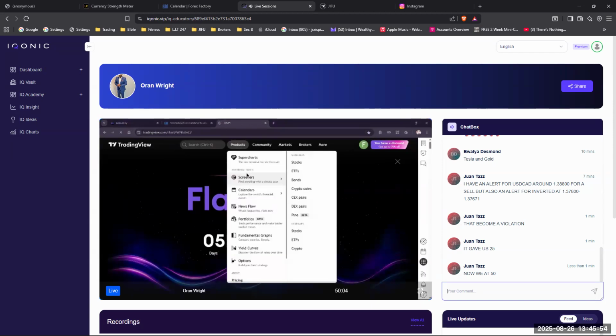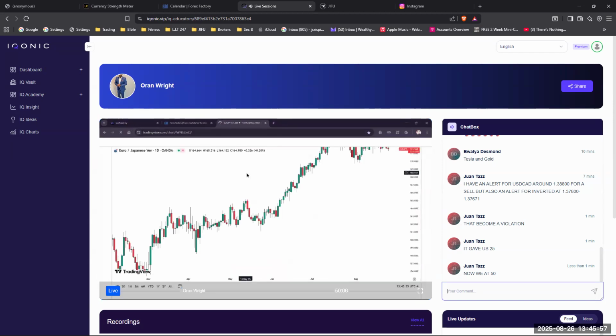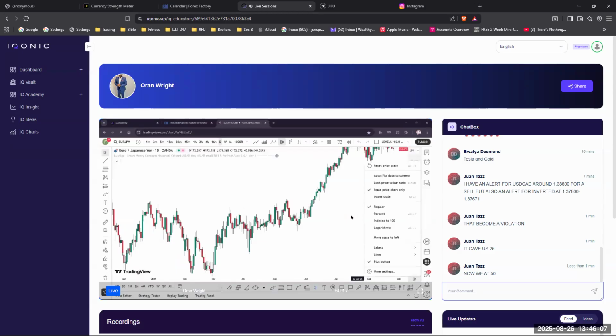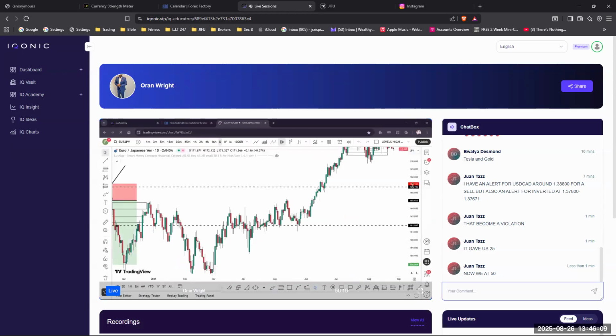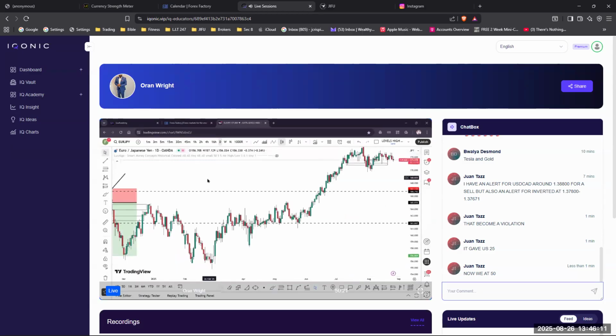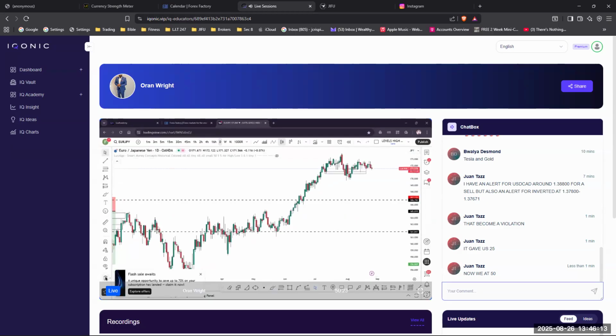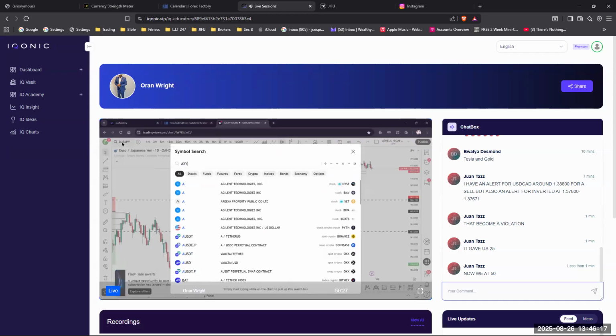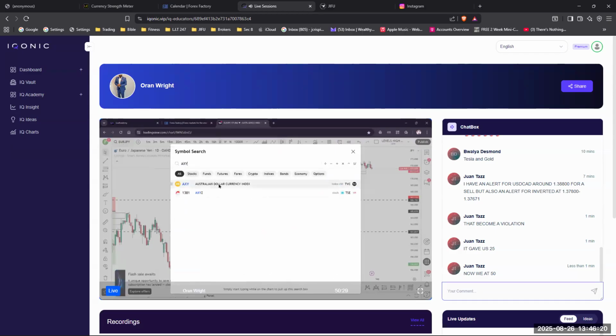You want to look at the country's index by itself before you look at it as a pair. Because you may think, oh man, it's going to drop because the US dollar is stronger. Well, the US dollar could be only stronger than the Australian dollar. That doesn't mean that it's stronger than all currencies. So we're going to go over here and click on AXY, which is going to be the Australian dollar currency by itself.